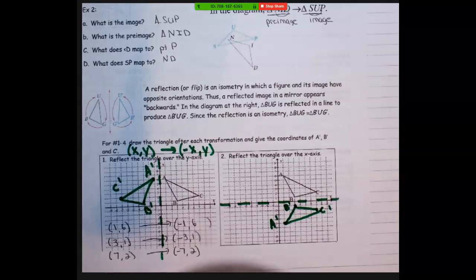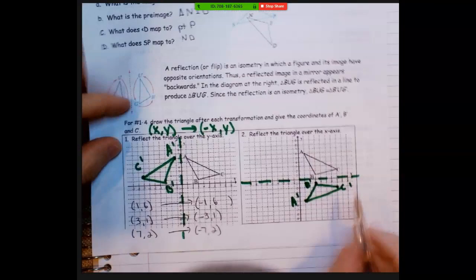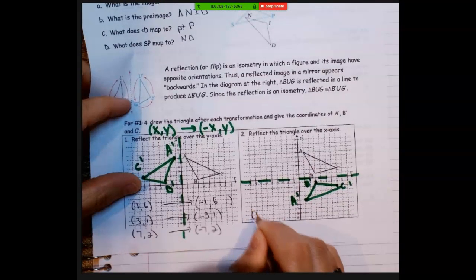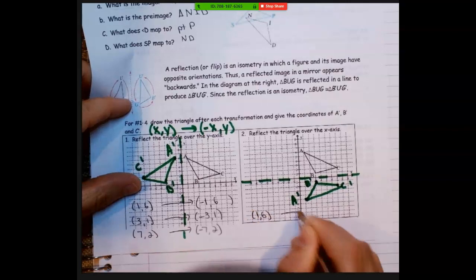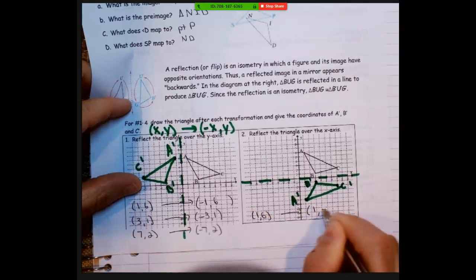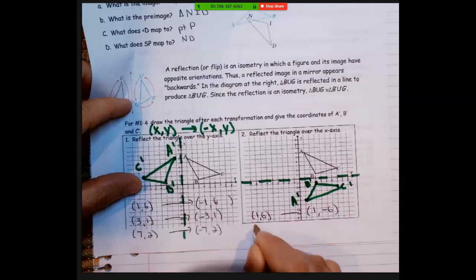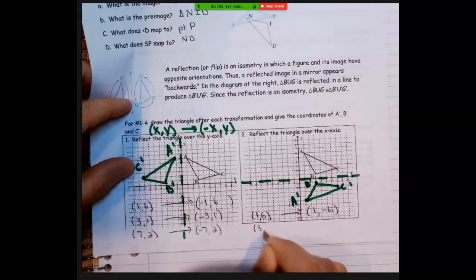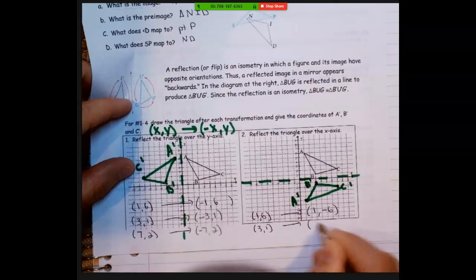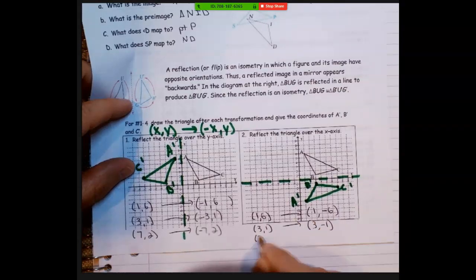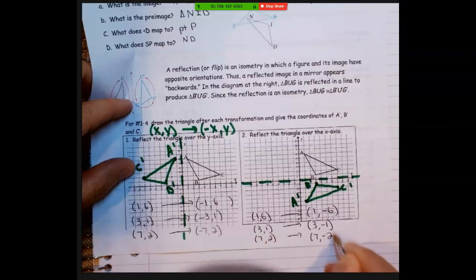And similar to what we did over here, let's take a look at the points. The point 1, 6 ended up becoming the point 1, -6. Point B we had at 3, 1. That became 3, -1. And then point C again, which was 7, 2, became the point 7, -2.